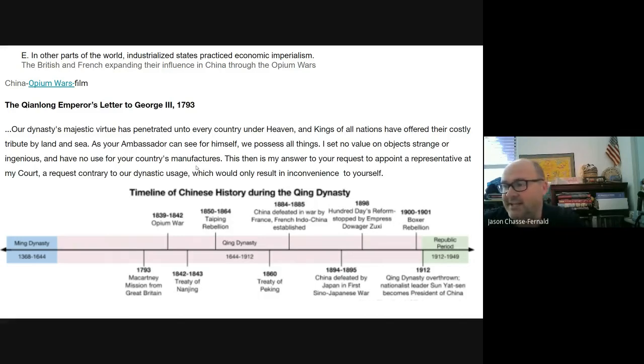You will see tea plantations eventually after the Opium Wars, but China has tea. So England wants tea from China, and China wants nothing from England. So what does England have to give China in order to acquire this tea?